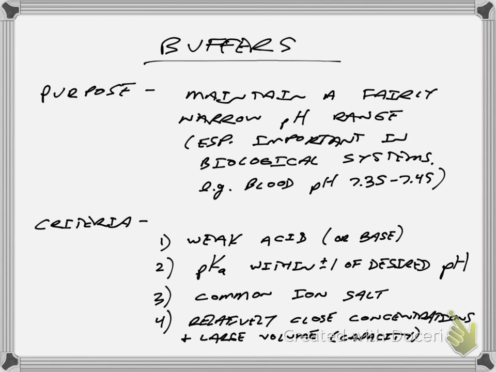And then we need a large volume of the weak acid and the common ion, and I say relatively large because it has to be large compared to the amount of strong acid or strong base that's being added to the system. And we refer to that as the buffering capacity, because once you exceed that, then those ratios get off, and you'll see again mathematically why that becomes an issue.